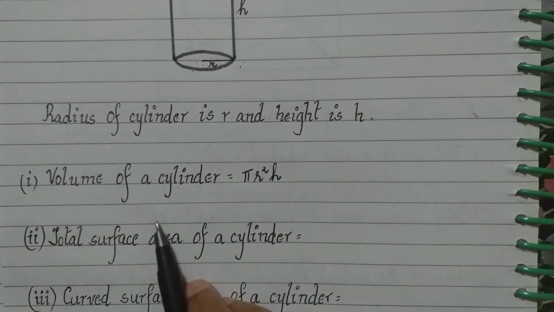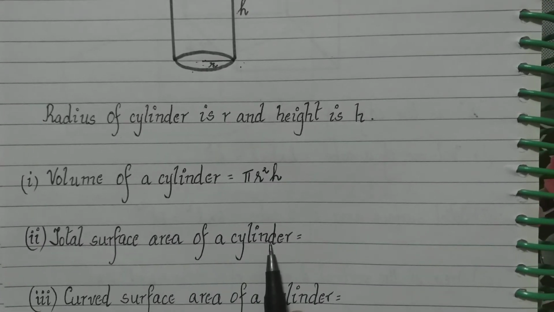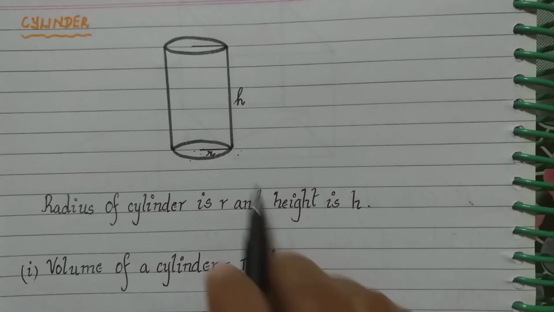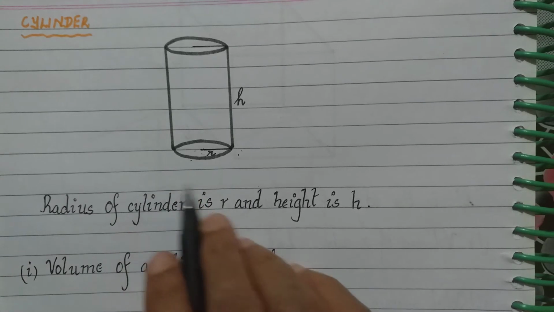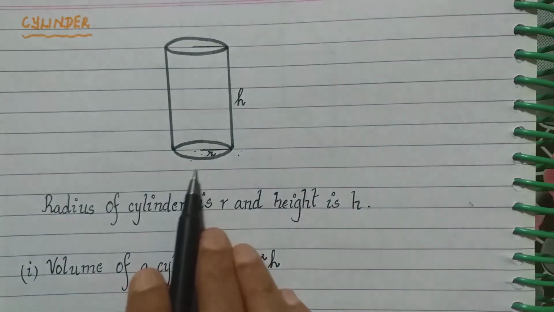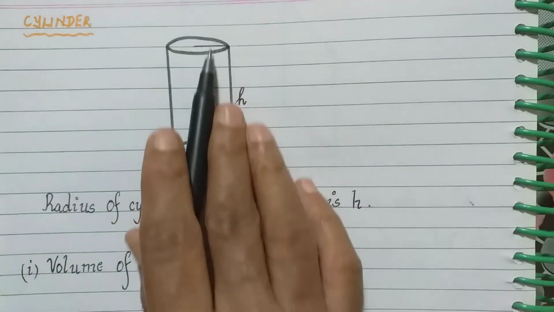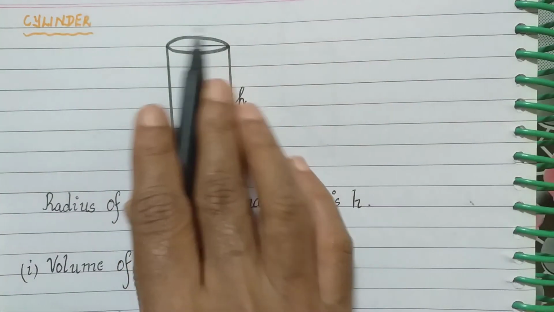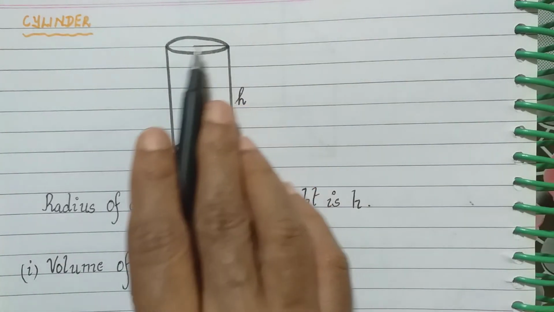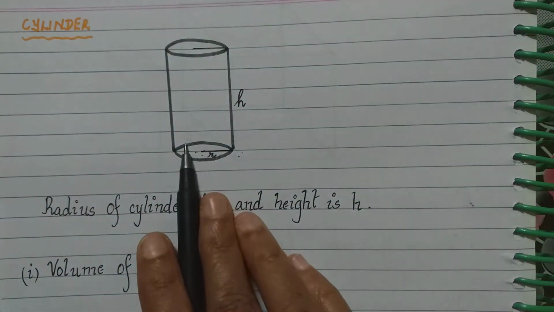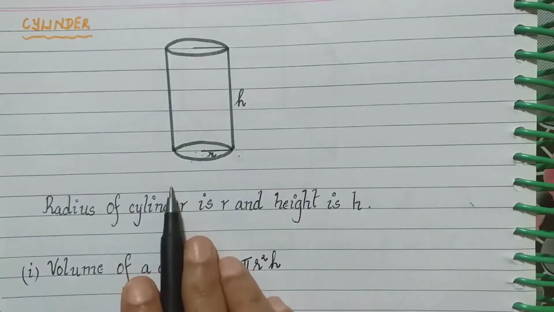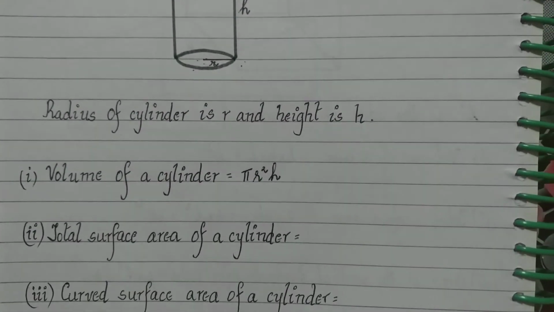Now coming to the total surface area of a cylinder. Now we are talking about area. Just now we mentioned the top and bottom of a cylinder. This is the top part and the bottom part of the cylinder. Both of them are circles. The area of each circle will be pi r square. So pi r square plus pi r square will be 2 pi r square. That is the area of the circular faces.